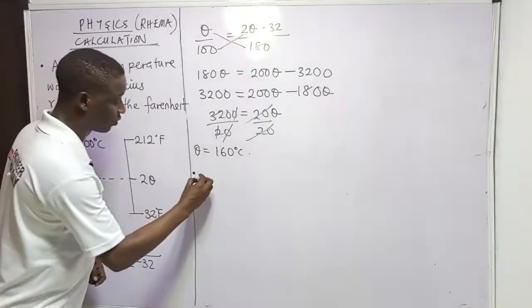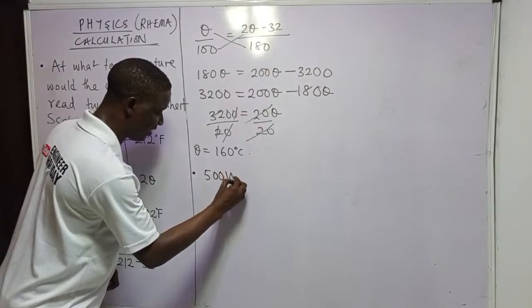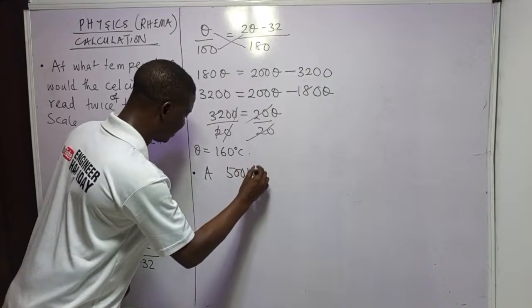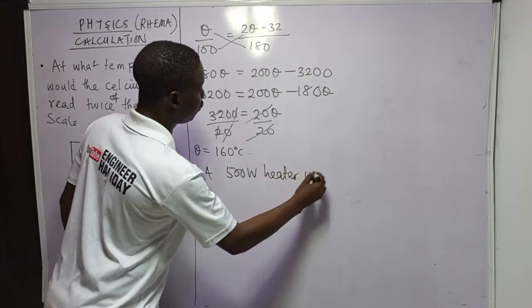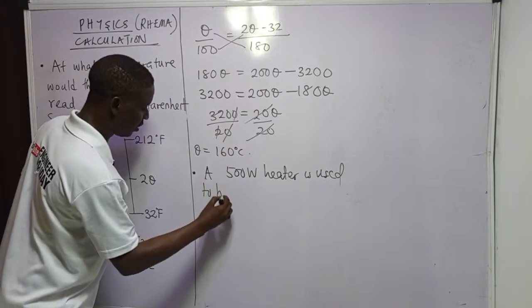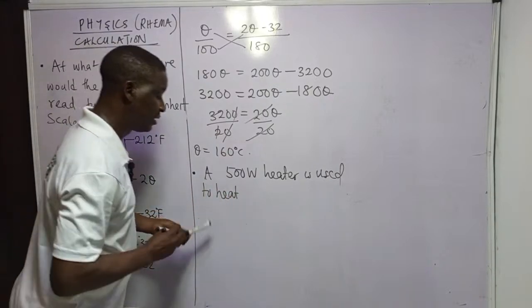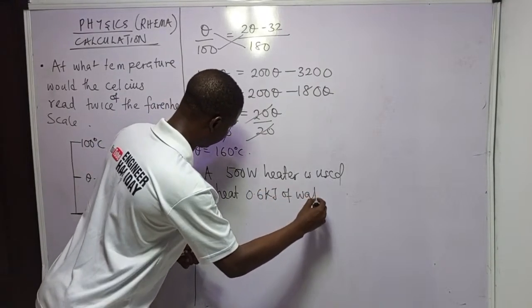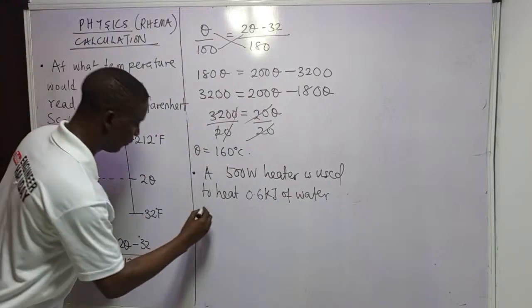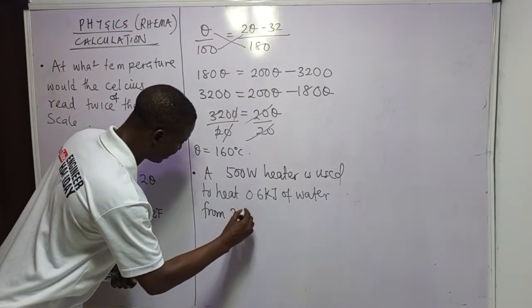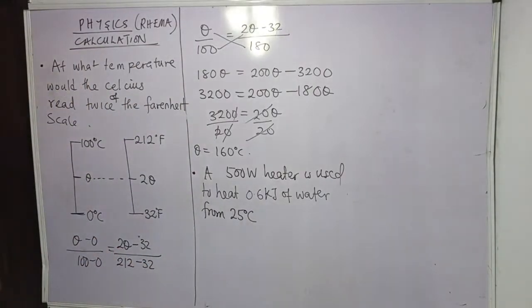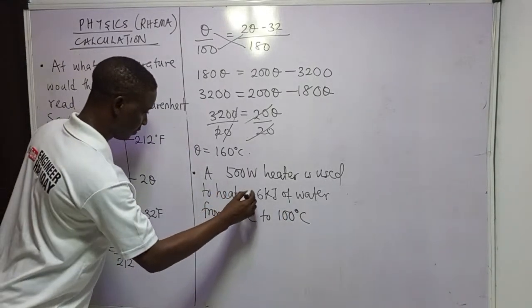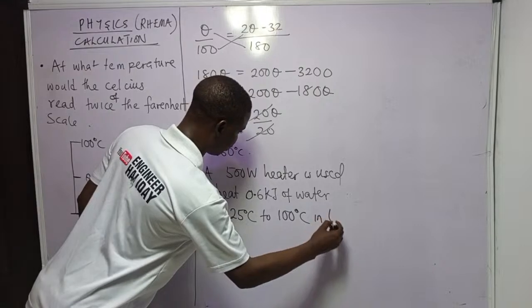A 500 watt heater is used to heat 0.6 kg of water from 25 degrees Celsius to 100 degrees Celsius in T1 seconds.